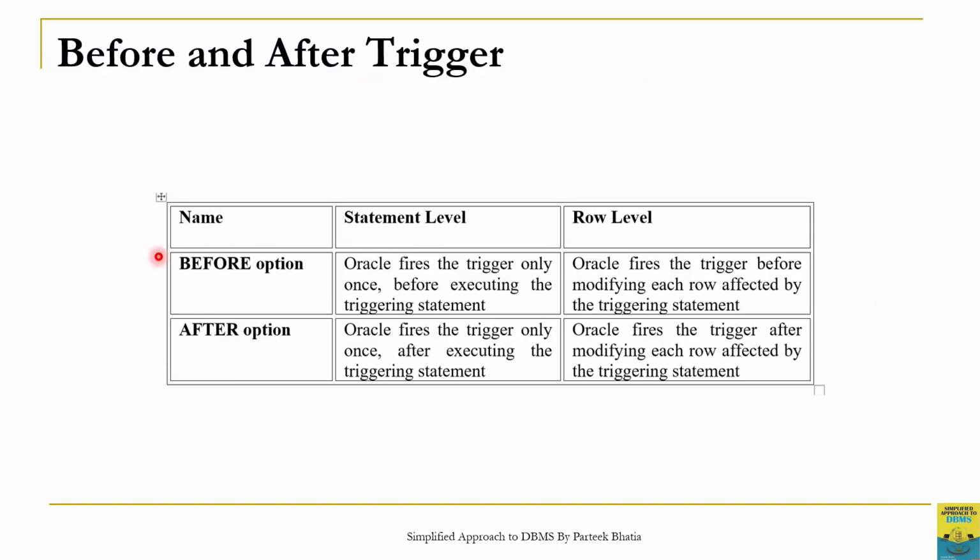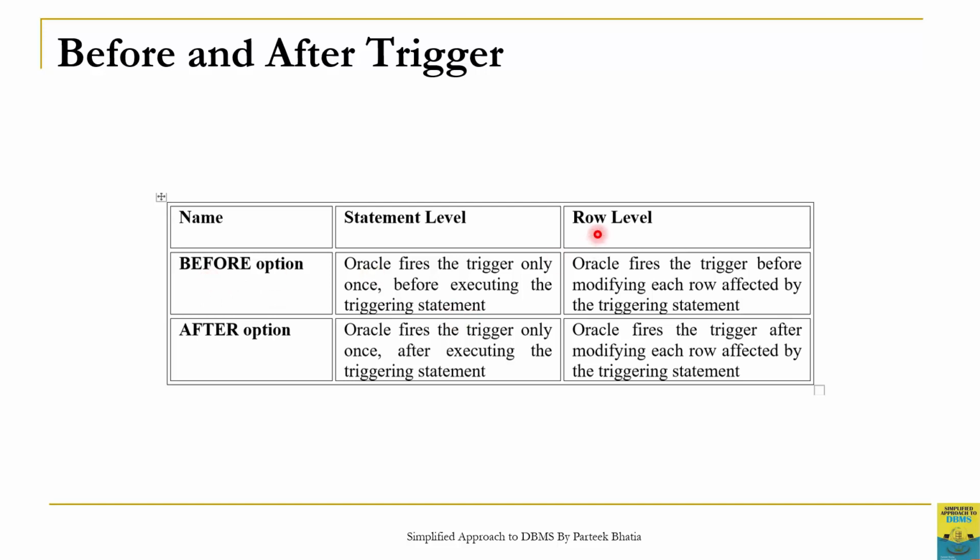We can conclude all the types of triggers by using this table. The before option can be combined with statement level and row level, and in the same way the after option can be combined with statement level and row level. In the case of a before statement level trigger, Oracle fires the trigger only once before executing the triggering statement.